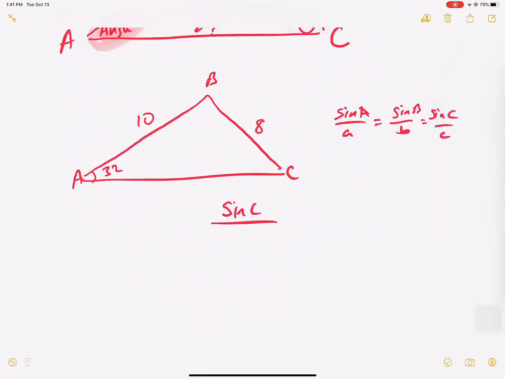So we have sine of C. We're going to copy side C in. This is side A. This is side B, which you don't know. Over 10 is equal to the pair that we do know, sine of 32 over 8.